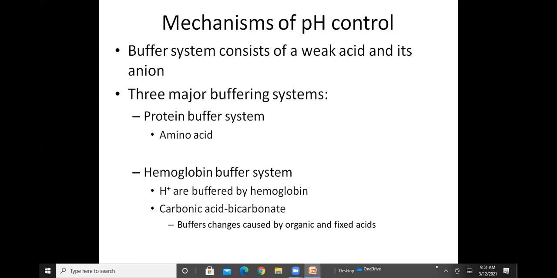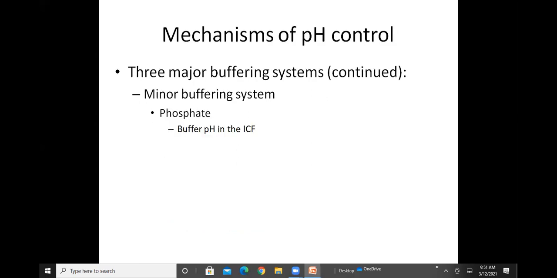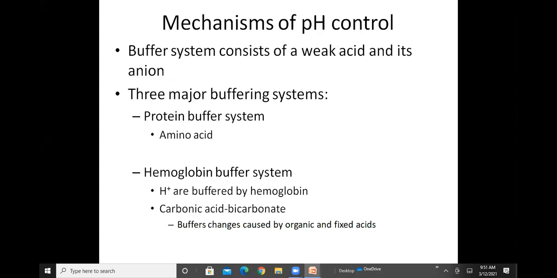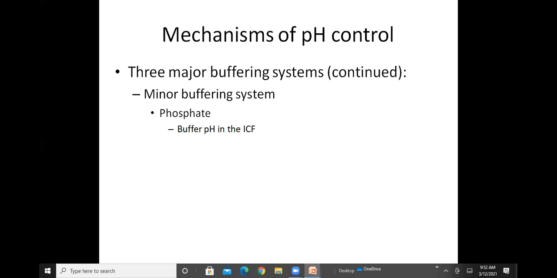The hemoglobin buffer system too is also able to buffer. Then you have the carbonic acid bicarbonate, which buffers changes caused by organic and fixed acid. So apart from the protein and the hemoglobin buffer system, the other minor buffering system we have is the phosphate buffers.